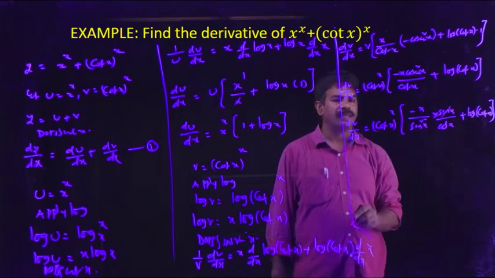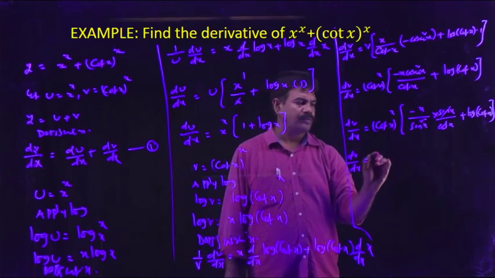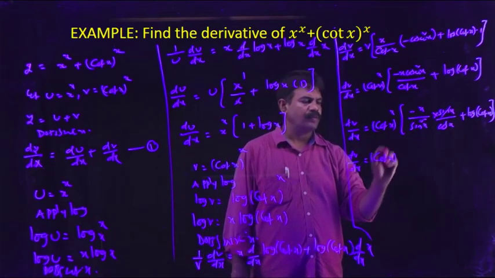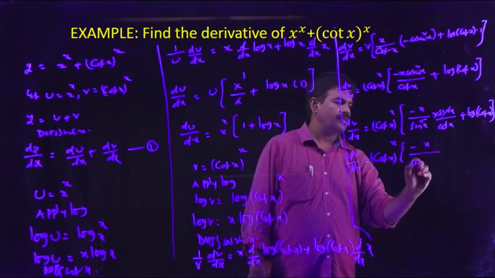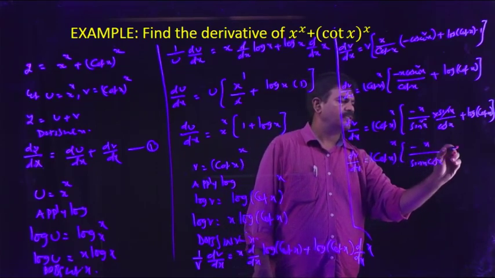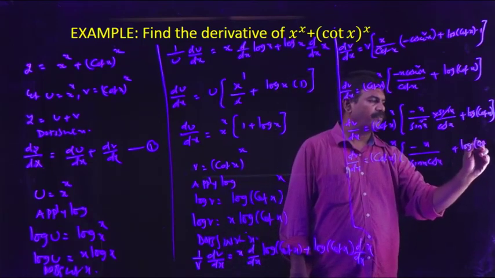Sin x cancels. dv by dx is equal to cot x power x into minus x by sin x into cos x plus log of cot x.